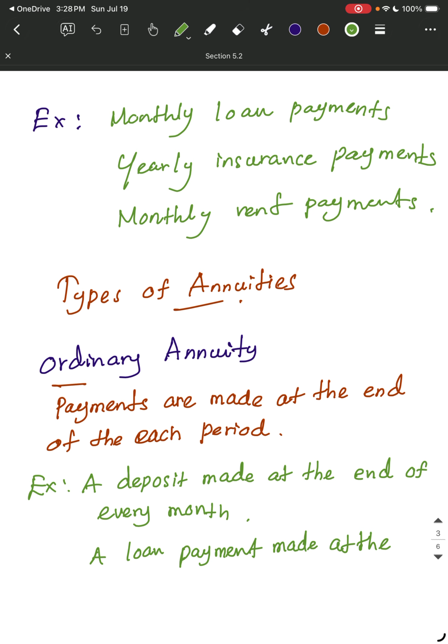So the ordinary annuity payments are made at the end of each time period.